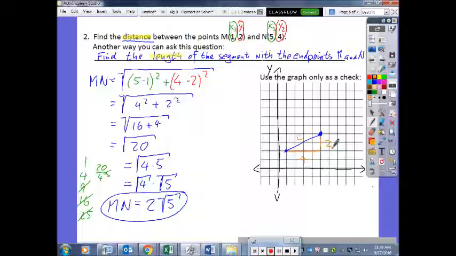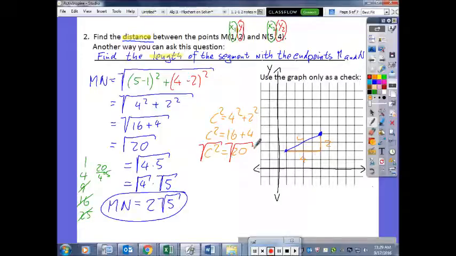Then let's use our Pythagorean theorem and see if we get to the same answer. C squared is equal to 4 squared plus 2 squared. C squared is equal to 16 plus 4. C squared is equal to 20.